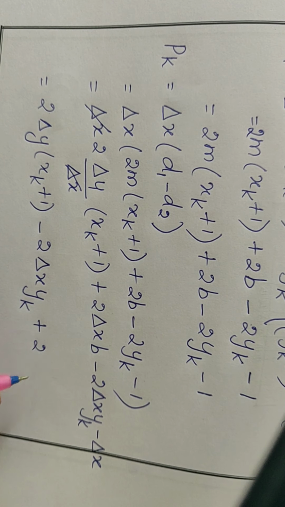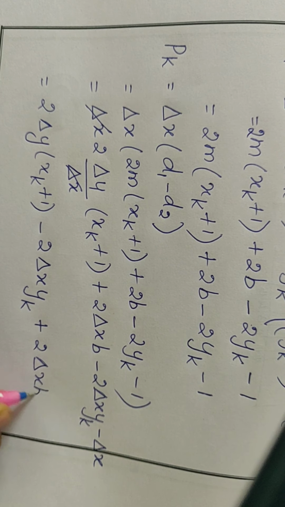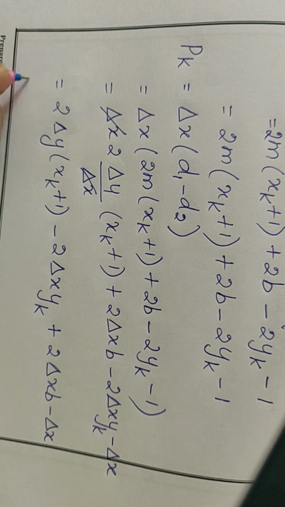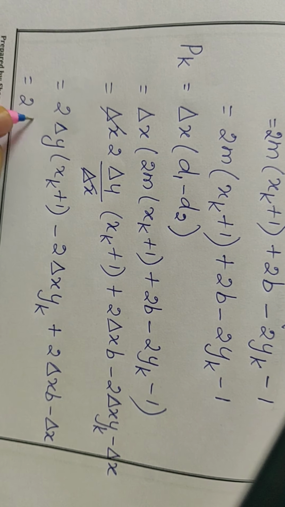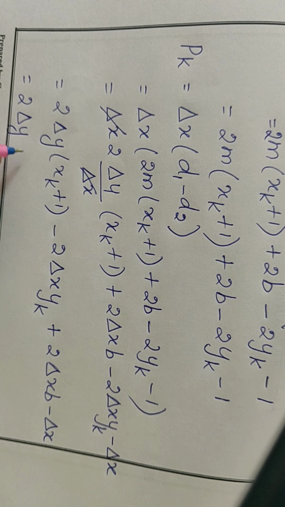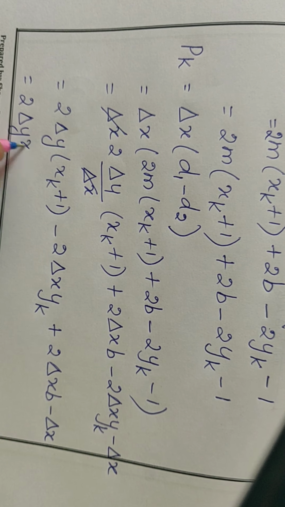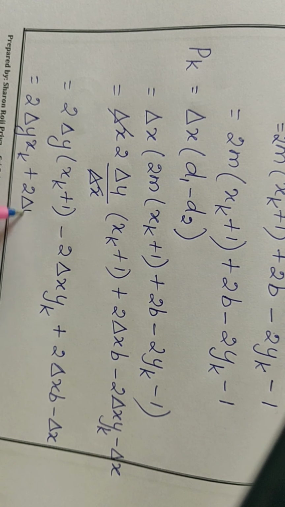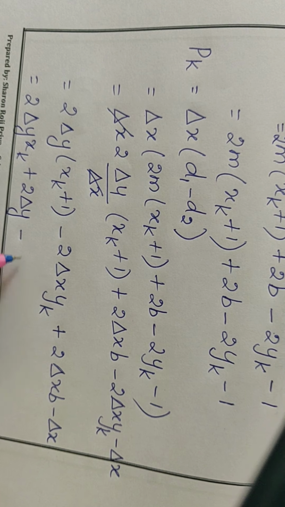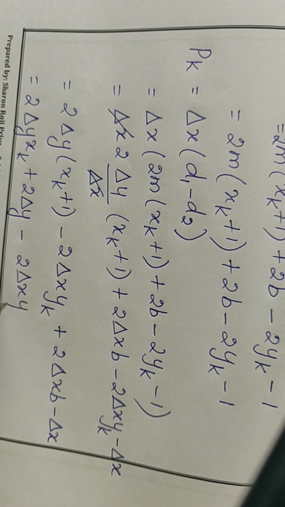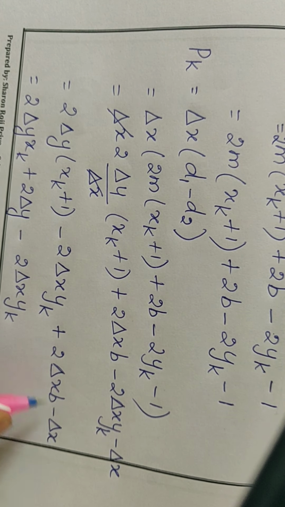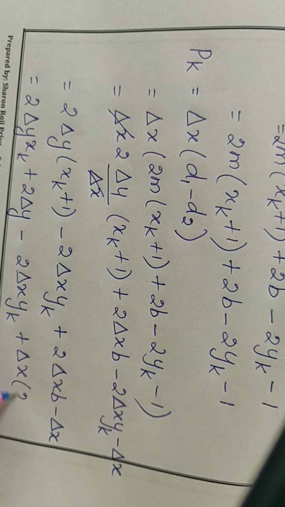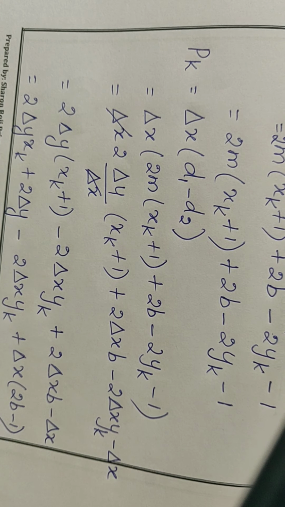So it will be 2 delta x b minus delta x. You can multiply this inside: 2 delta y xk plus 2 delta y minus 2 delta x yk. If you want, you can take delta x out, it is nothing but 2b minus 1.